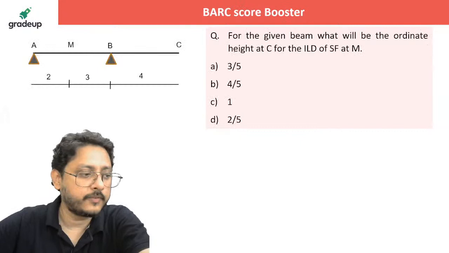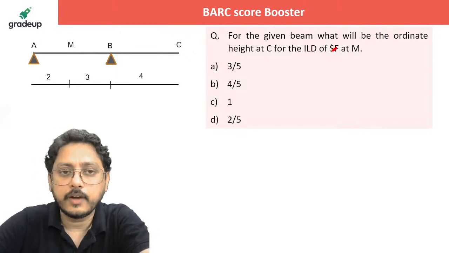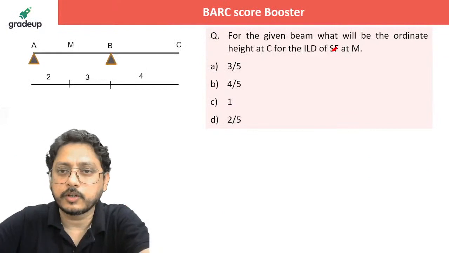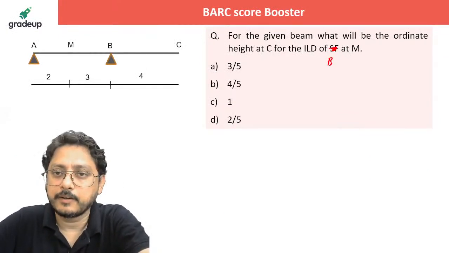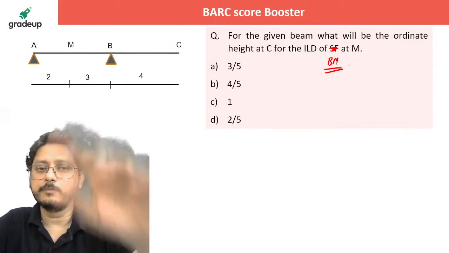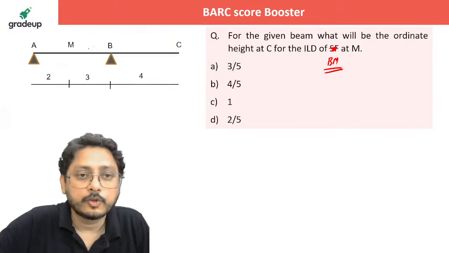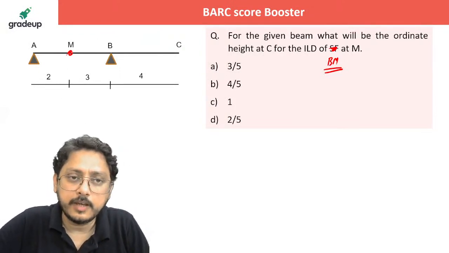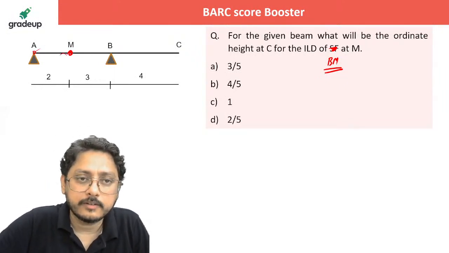Or if I ask, for the given beam, what is the ordinate height at C for the ILD of, I think we have done it for the bending moment. Oh no, we did it for the shear force. You do it for the bending moment. Let us see. If you draw the ILD for the bending moment at M, provide the release, then keep your hands the way I used to tell.